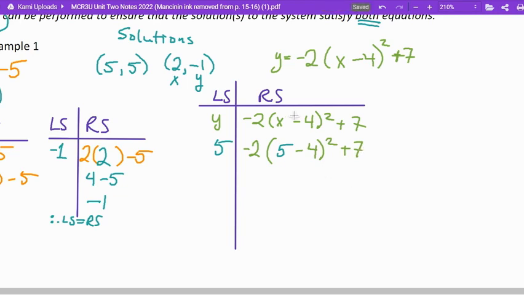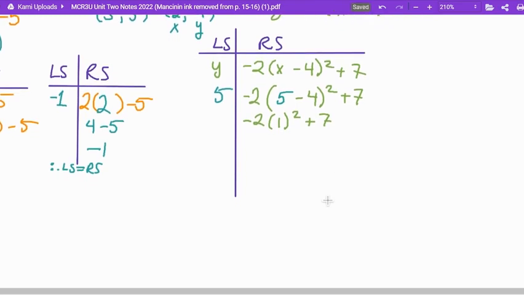So following BEDMAS, everything inside the bracket is done first. 5 minus 4, well, that's just 1. 1 squared plus 7. Next, so brackets are done, exponents. 1 squared, that's 1.